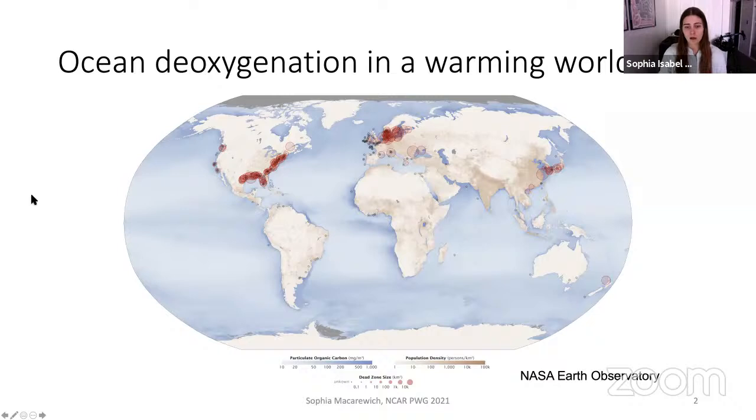Warming has also been associated with increased stratification in the surface ocean, which should expand the size of marine dead zones, which I'm showing here in this map. Although this is an increasingly important problem, the processes that contribute to ocean deoxygenation and how they will change in the future are still uncertain.